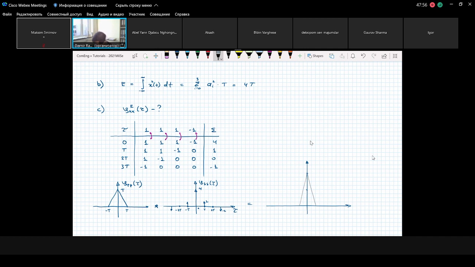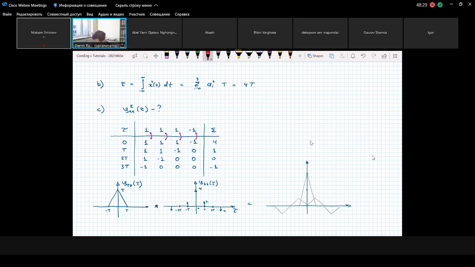Then at capital T, we have another triangular function, and at minus capital T. Then at 2T, we have nothing, and at minus 3T and plus 3T, we have a minus triangle. So now you see all components. And in order to find the resulting autocorrelation, you need to calculate the sum of all of them.